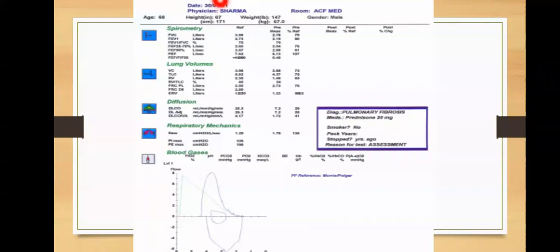This is the date, the name of the physician, the room, the gender of the patient, the height, the age, the findings of the spirometry, the forced vital capacity, the forced expiratory volume in 1 second, and the percentages, the absolute amounts, the lung volumes, vital capacity, total lung capacity, residual volumes, and the diffusion capacity, the respiratory mechanics, and the blood gases, and the volume pressure loops, and the patient history. This is how we report pulmonary function tests in labs.